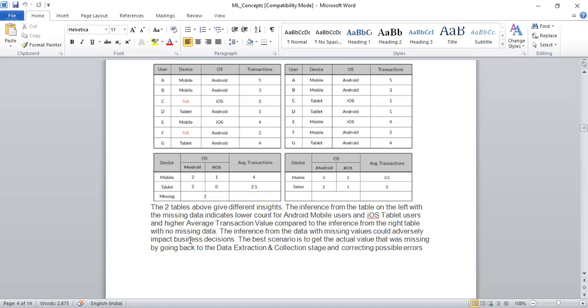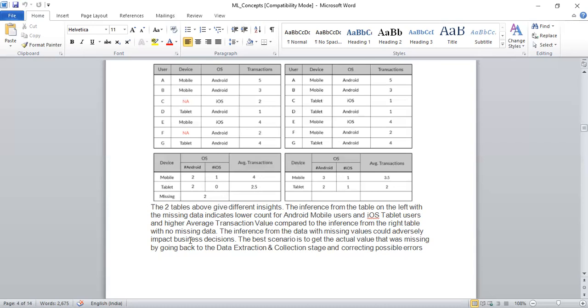So 5 plus 3 plus 2, that is for mobile Android, and for mobile iOS, that is 4. Okay. So 5 plus 3 plus 4 plus 2. So that is equal to 5 plus 3, 8 plus 4, 12 plus 2, 14, and divided by 4.